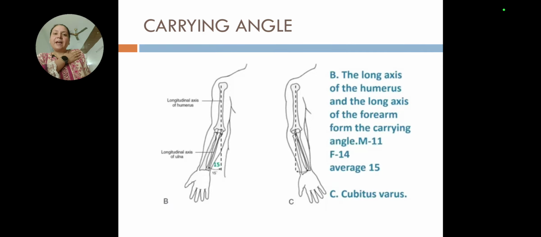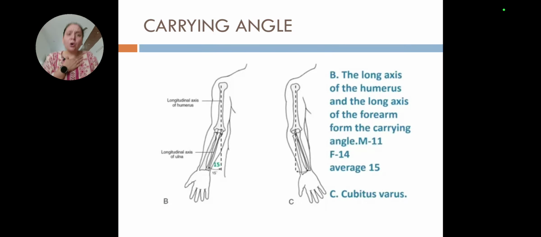I have tried to put it in the anatomical position, and let me show while I am standing. My shoulder has gone into extension, the elbow is in extension, and the forearm is in supination position. You can see the angle is wide apart, and it is away from my trunk and away from my lower limb.